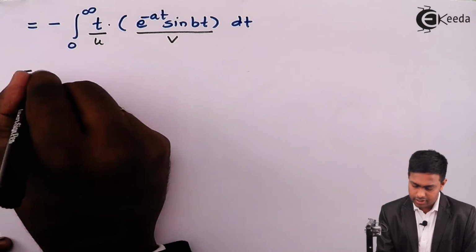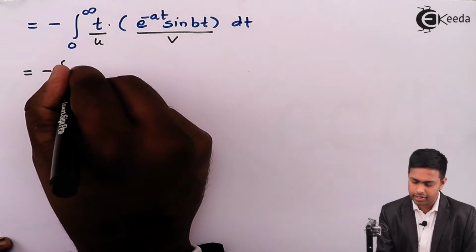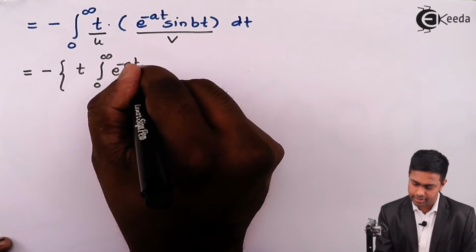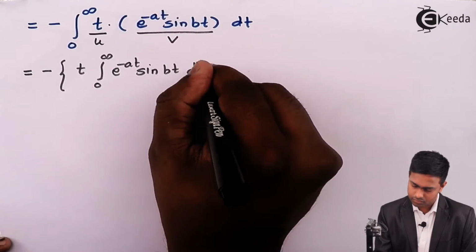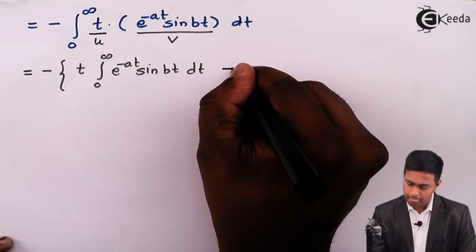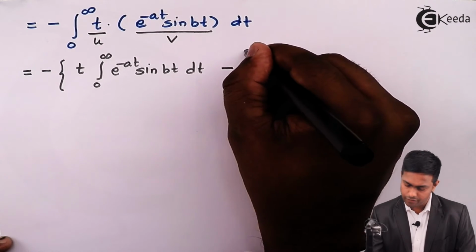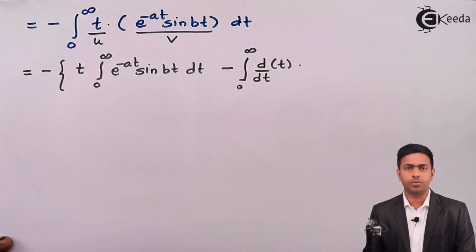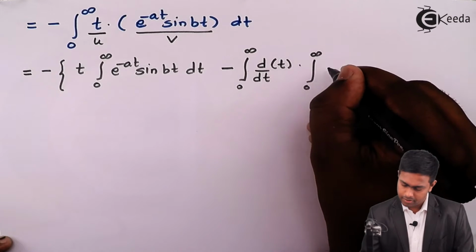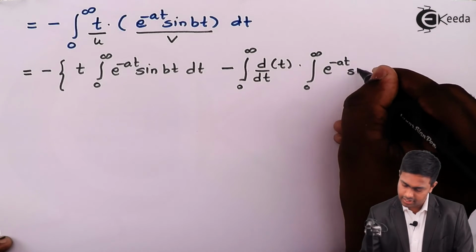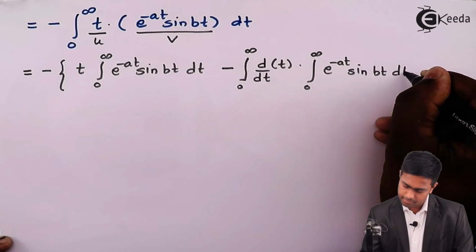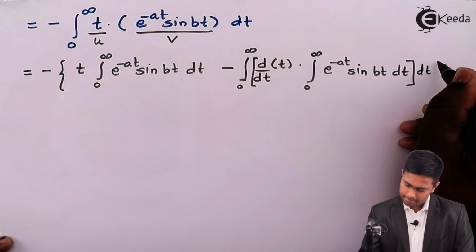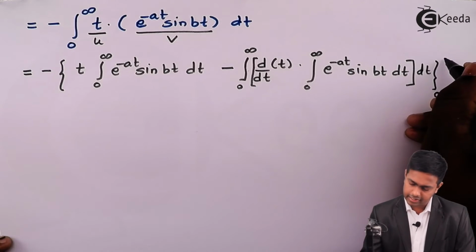So this will give us the negative sign as it is, and in the curly bracket t as it is, integration from 0 to infinity of e raised to minus at sin bt dt, that is the v term, minus again integration from 0 to infinity of the derivative with respect to t of this u term, which is t, into the integration of e raised to minus at sin of bt dt, and outside this bracket we have one more dt, from 0 to infinity.